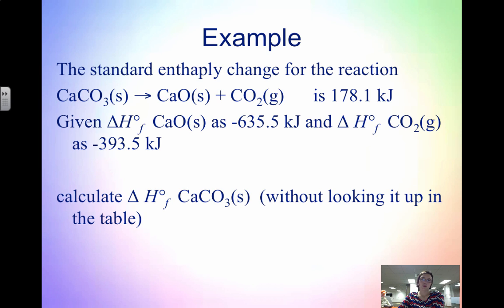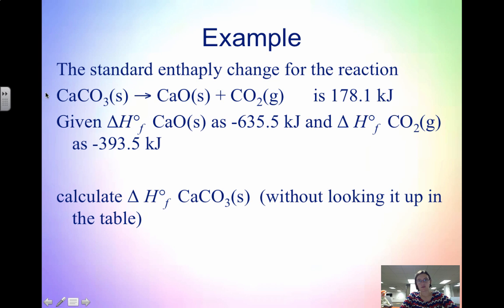So another example, it says the standard enthalpy change for the reaction of calcium carbonate decomposing into calcium oxide and CO2 is 178.1 kilojoules. Given the heat of formation of calcium oxide as negative 635.5 and delta H naught formation of CO2, calculate delta H formation of CaCO3 without looking it up.